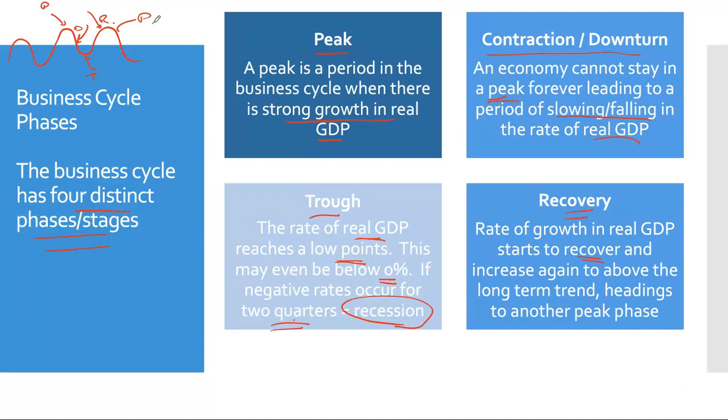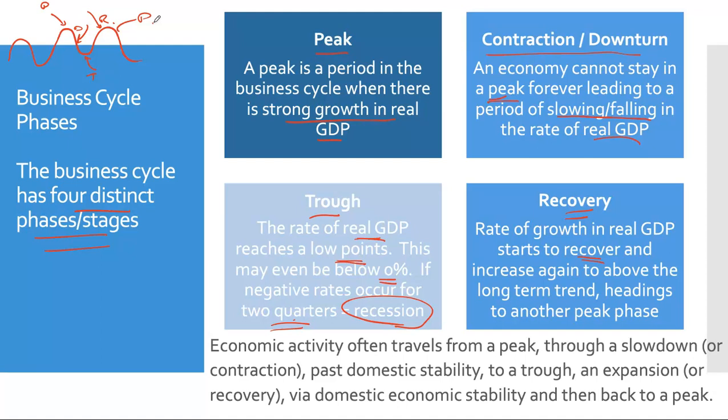So you hopefully are starting to see that there is a cycle in this business cycle. And as we just described, the economic activity often travels from a peak through a slowdown or contraction, past domestic stability to a trough, so the low, and an expansion or recovery then occurs as we go straight back up to a peak. But what does it actually mean in each of these cycles?